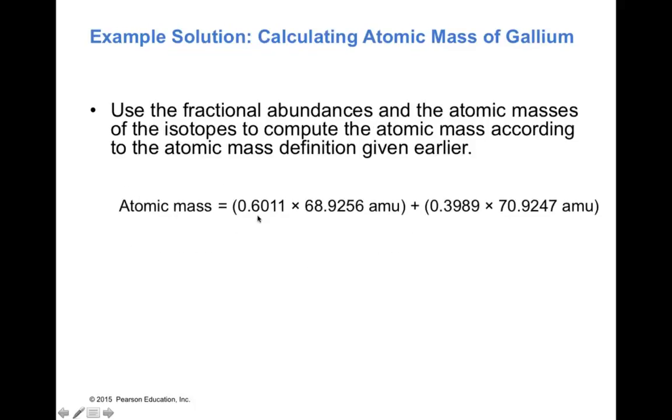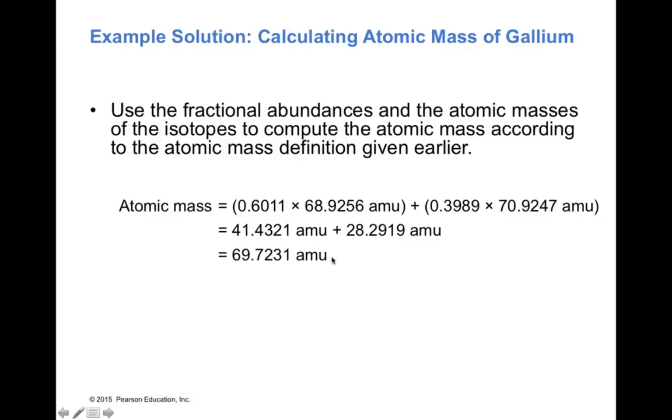So that means we have 0.6011 times the atomic mass of the first isotope, gallium-69, and 0.3989 times the atomic mass of gallium-71. Once we have the product of each multiplication, we add those two quantities and we get the final result.